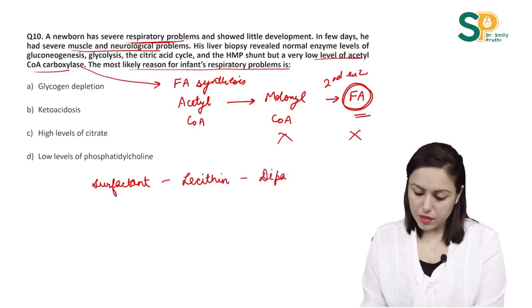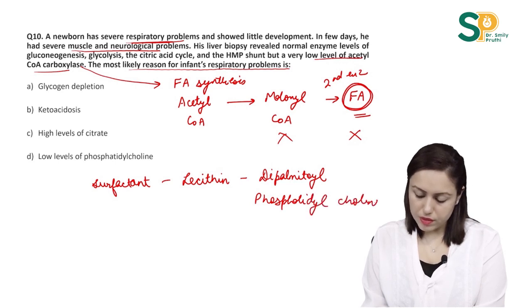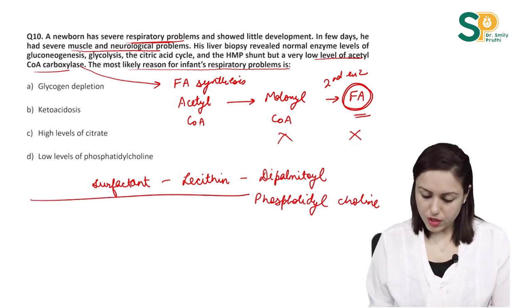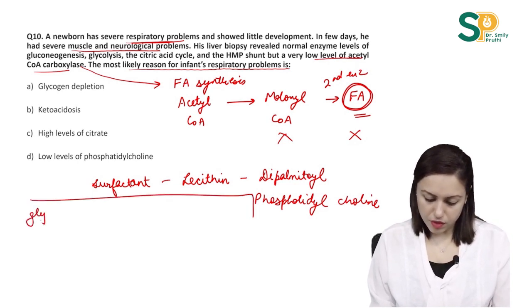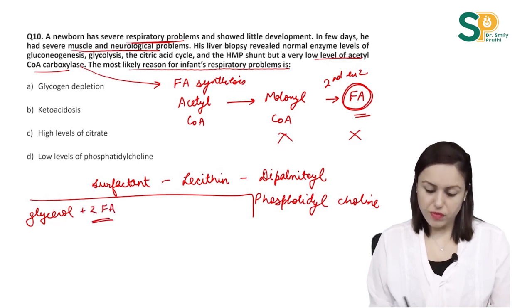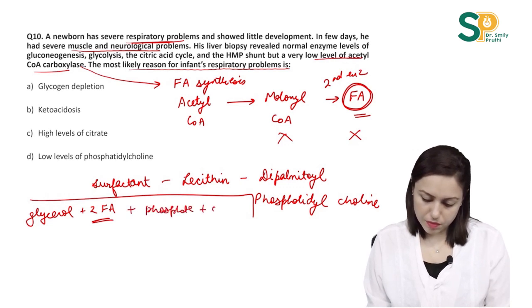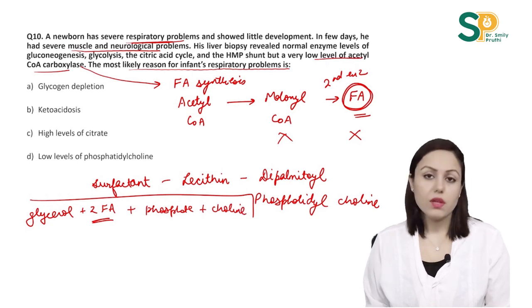Lecithin is dipalmitoyl phosphatidyl choline. What is this dipalmitoyl phosphatidyl choline? We have glycerol plus 2 fatty acids. These fatty acids are palmitic acids plus phosphate plus choline, right?